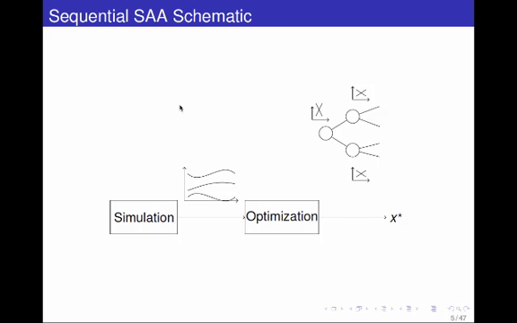Now, you can become more fancy about sample average approximation and do it in a sequential fashion where you simulate, you optimize, you generate a cut, and then you erase your original sample and re-simulate, re-optimize, generate a new cut. So that's a sequential version of the algorithm.